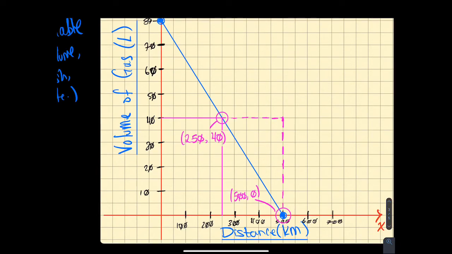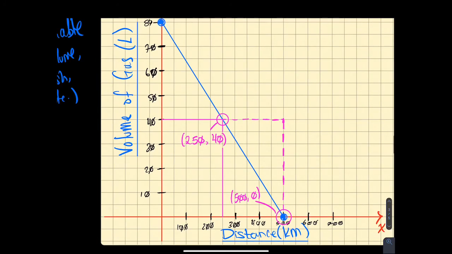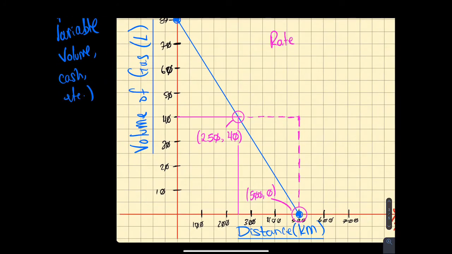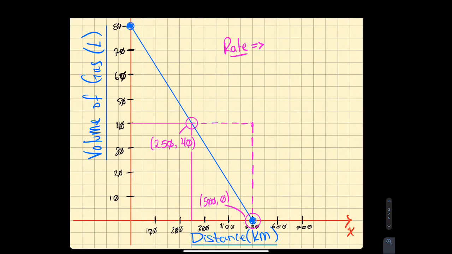Well, what we can do is measure how much distance there is between this 250 mark and 500. Because all we're figuring out with this rate is how many liters per kilometer we're using throughout the course of our trip.